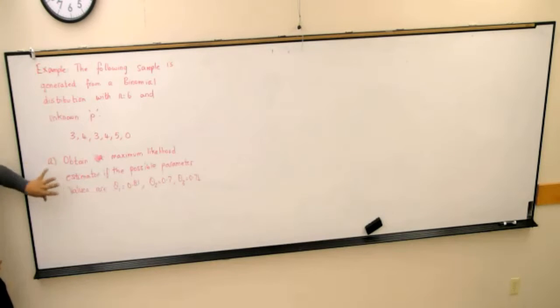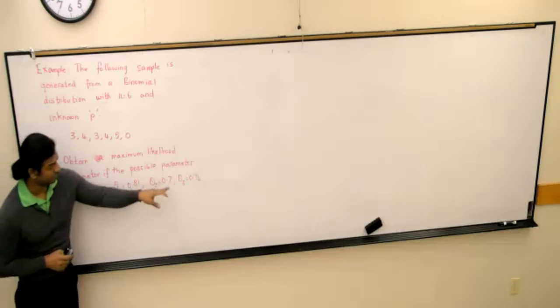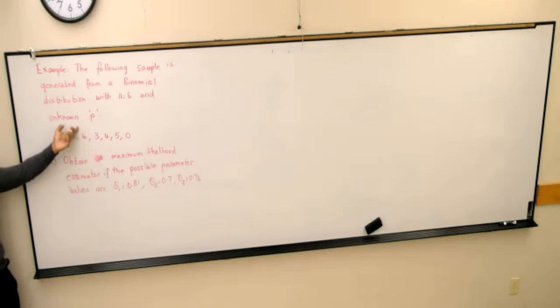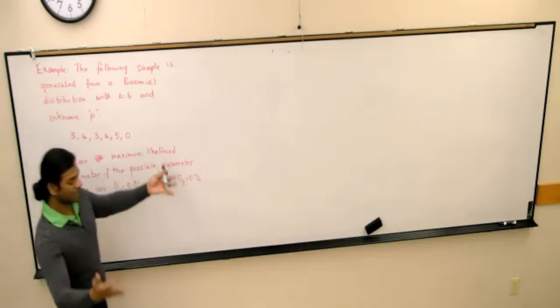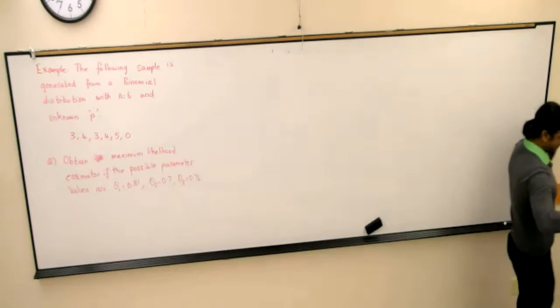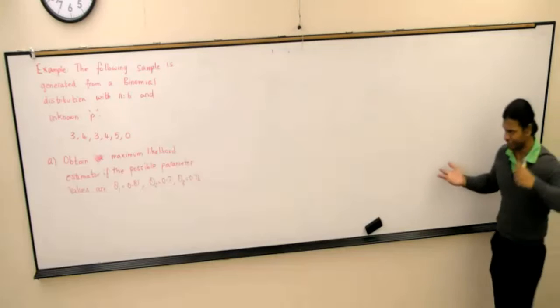We want to find the maximum likelihood estimator. The possible parameter values are theta1, theta2, theta3. In this case, theta is nothing but p. We just call it theta. If you have multiple parameters, theta would be a vector, and you'll have a whole bunch of values.